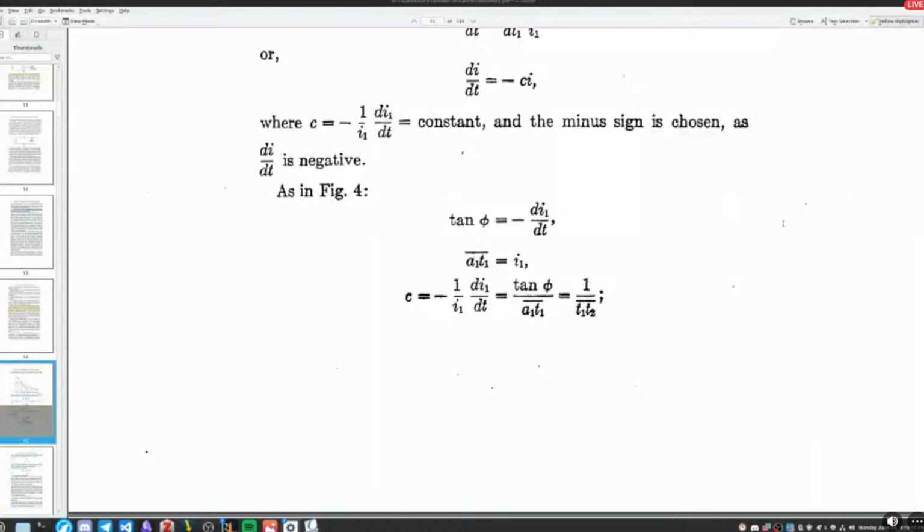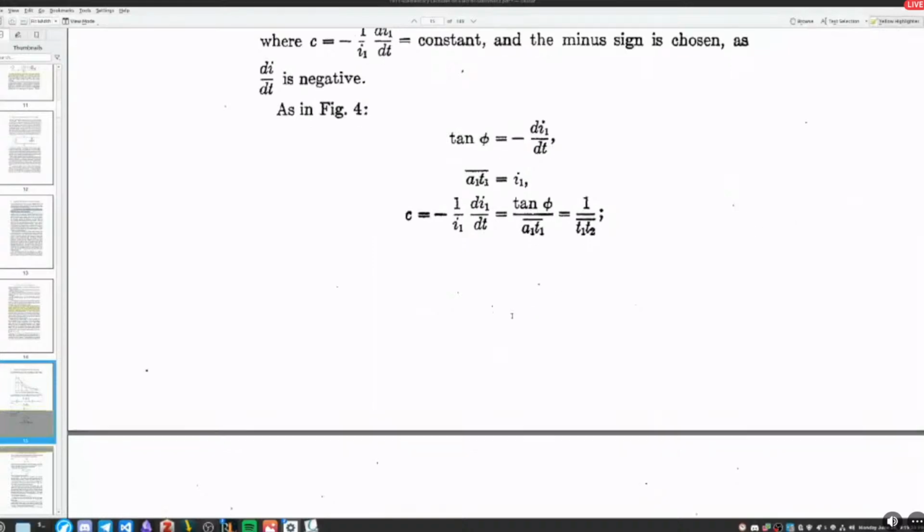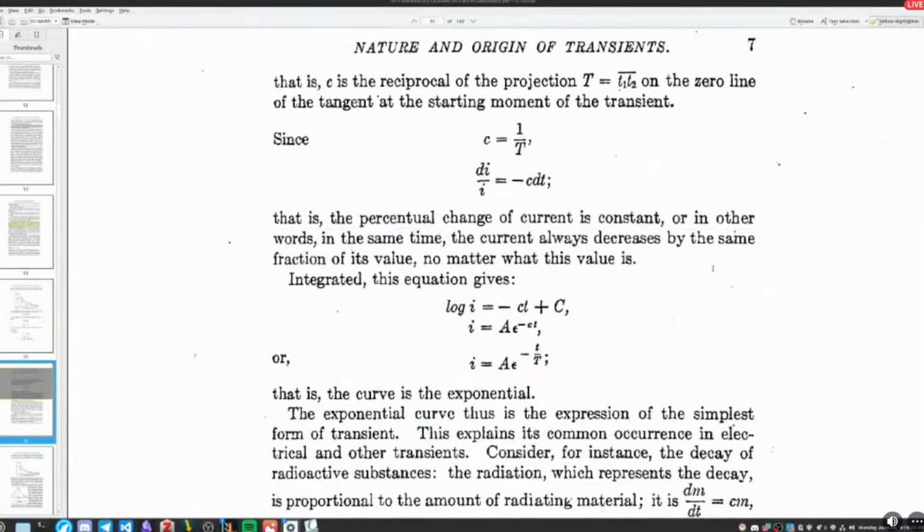And so then we have c equaling 1 over I1 times di1 over dt again, and that's equaling the tangent of phi over a1 t1, equaling 1 over that line t1 t2. And that is, c is the reciprocal of the projection, the segment t1 t2, on the zero line of the tangent starting at the moment of the transient.